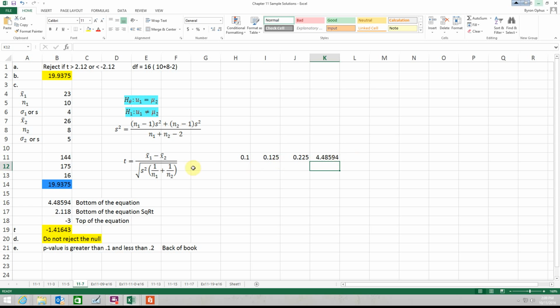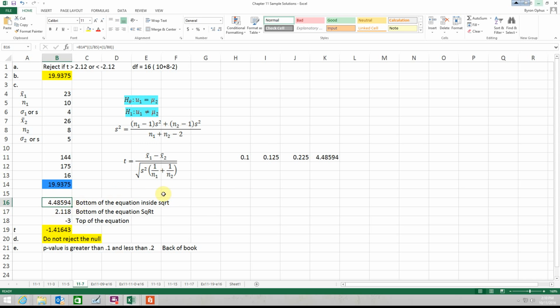Okay, so now I've got inside the square root, the bottom of the equation, but inside the square root, right? Okay, and then I take the square root of that.